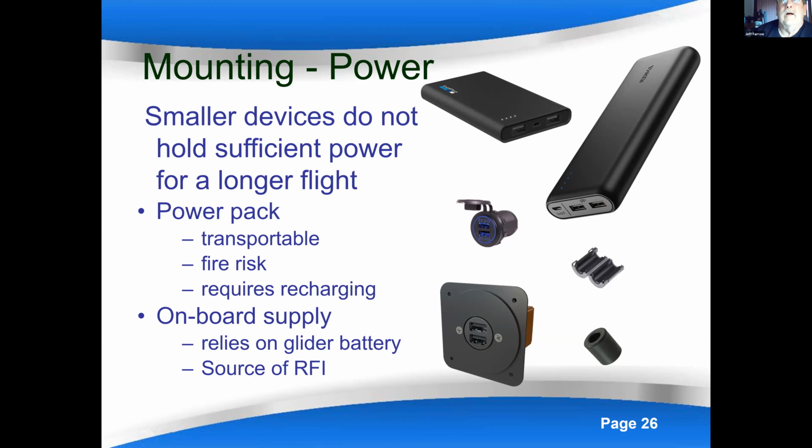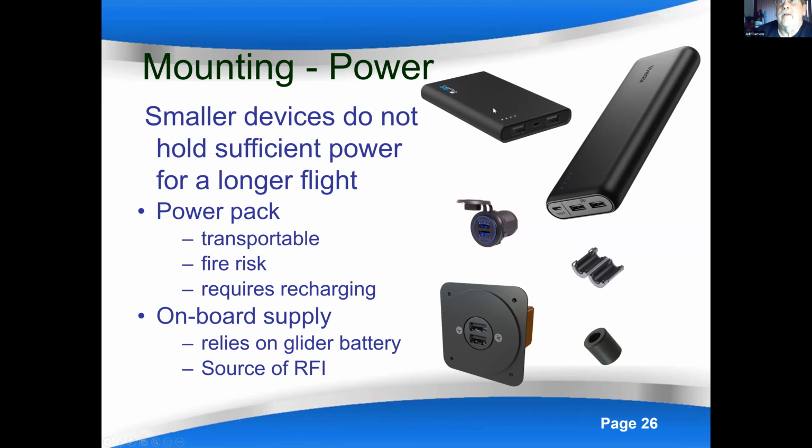One of the simpler ways, I guess, is to get one of these power packs, which you'll fit in the cockpit pocket pretty well, and just run a connection between those. They've got the advantage you can move it from aircraft to aircraft. You do have to recharge them, obviously, and there's always the risk you put it in there uncharged.